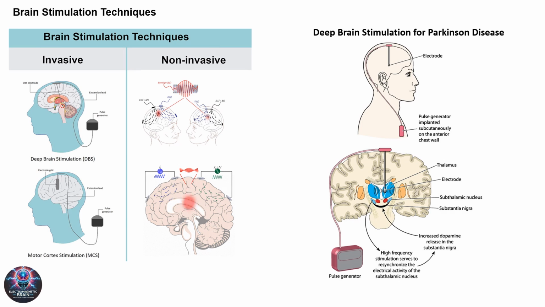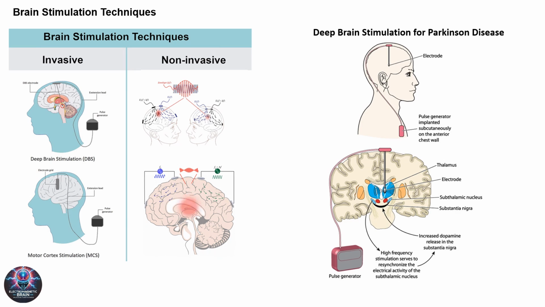In addition to DBS, we also explore the exciting potential of brain electromagnetic implants. These implants, such as the responsive neurostimulation, RNS, system, represent a growing area of interest in the field of brain-computer interface. RNS systems are designed to detect abnormal brain activity in real time and deliver corrective stimulation to prevent seizures.